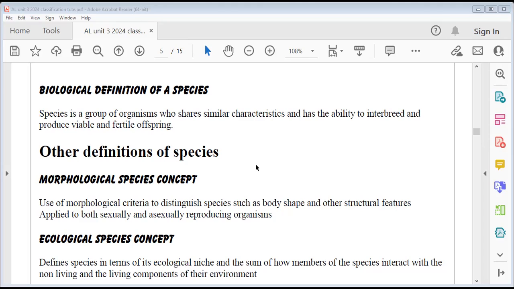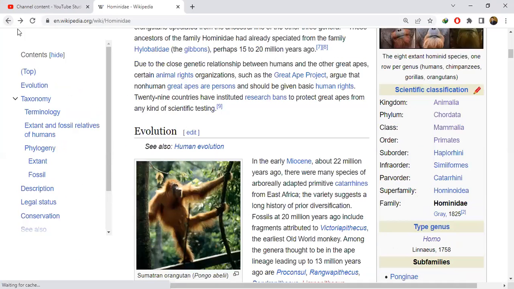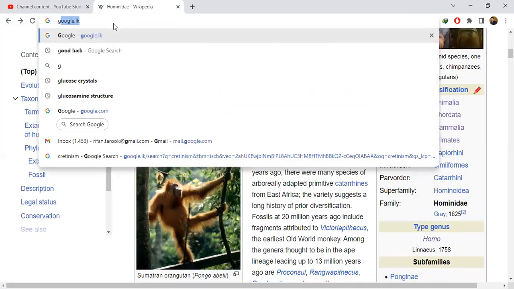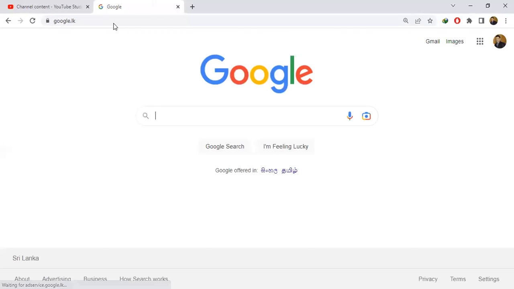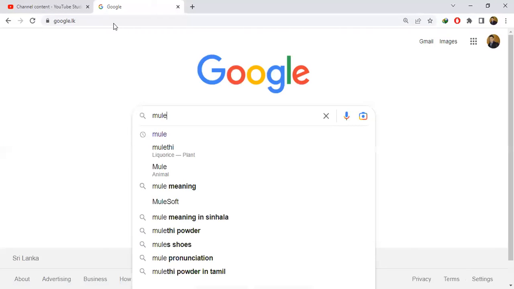So, for an example, I'm choosing the word mule. You know mule?